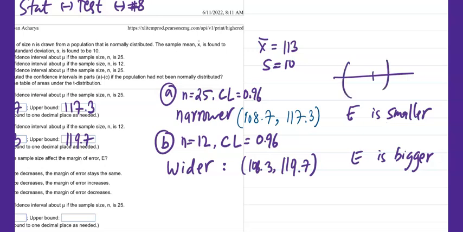Let me give you a sense here. This is the margin of error. If this is larger, you have a bigger interval, correct? In this sense, the first interval is smaller than the second one, with the sample size of 12.